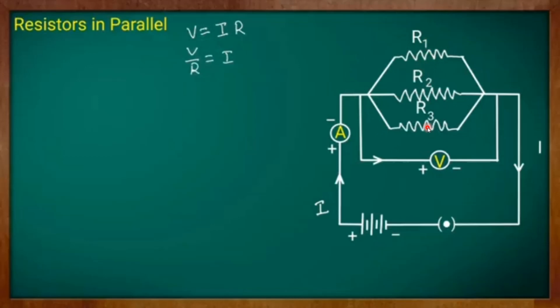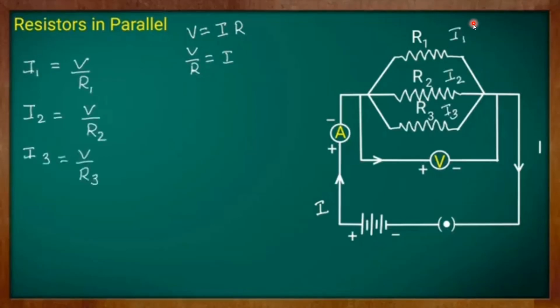In order to find that, as I have said, I1 is the current that is flowing through the resistance R1, I2 is the current that is flowing through the resistance R2, and I3 is the current that is flowing through the resistance R3.